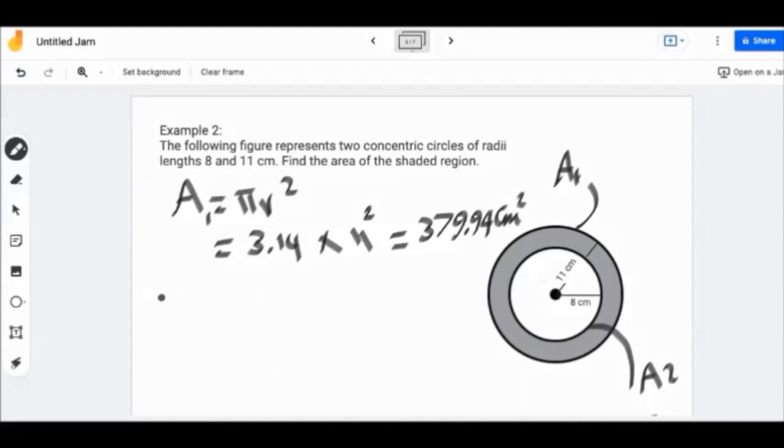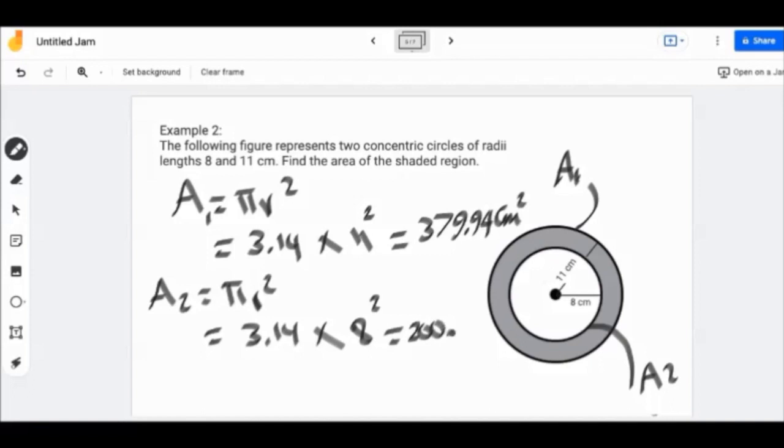Now, the area of the small circle, it will be with the same formula, pi r squared, which is equal to 3.14 multiplied by r, as you can see it is 8 centimeters, so it will be 8 squared. 3.14 times 8 squared will be 200.96 centimeter squared.